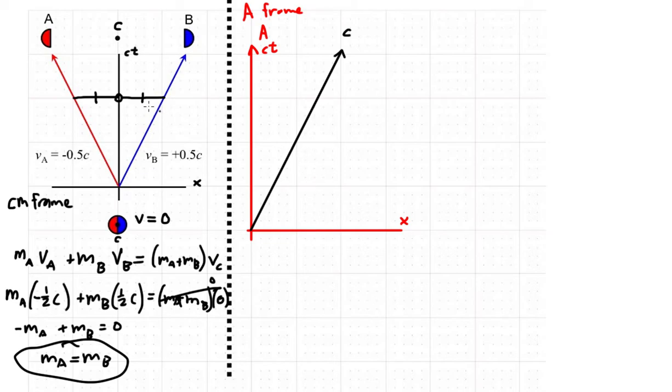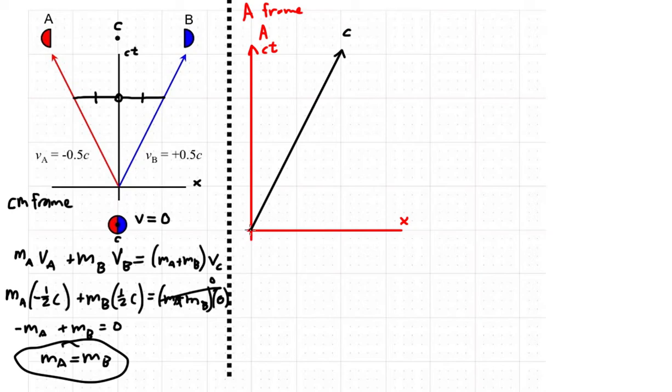Here's how it works. Remember how we determined that A and B are moving at the same speed in the center mass reference frame by saying this distance and this distance will be the same. Well, these measurements were defined along the x-axis of C, okay? So what direction does that go?